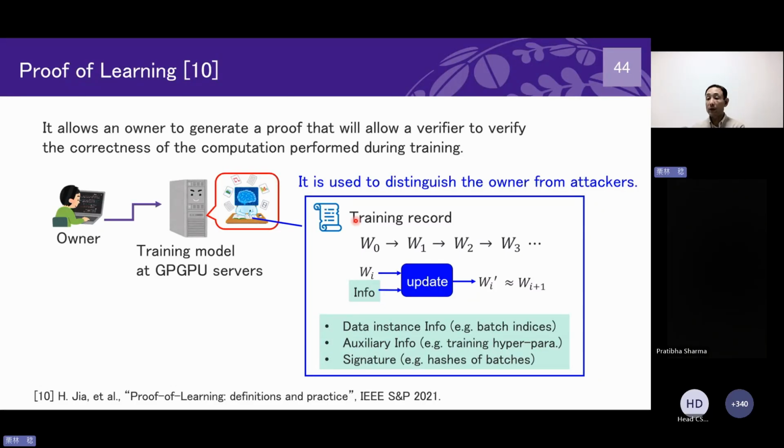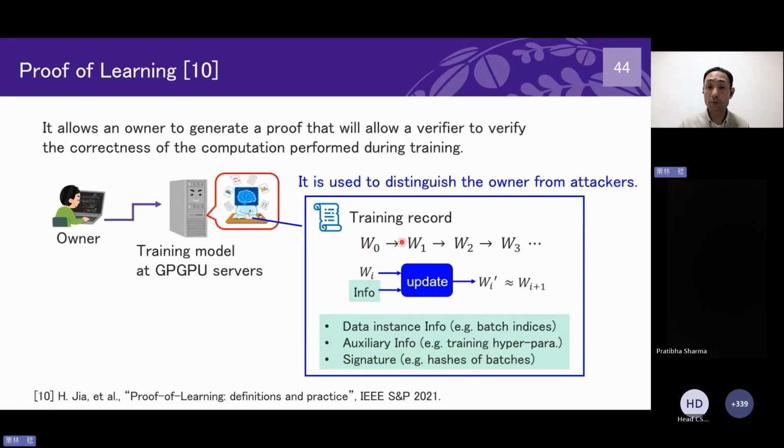So he has a trained model as a result, but he also stores the process of the training as a proof of learning. So this is the idea of the original task. It was proposed in 2021.